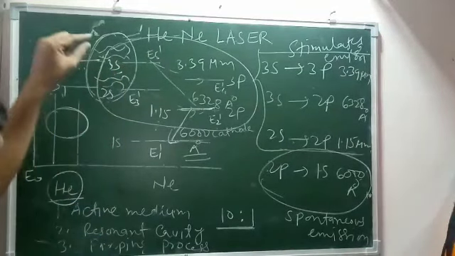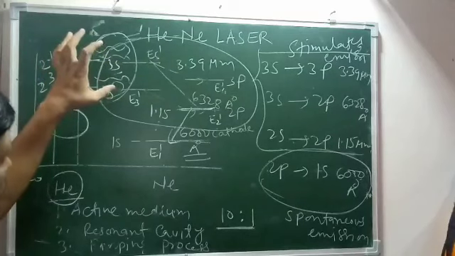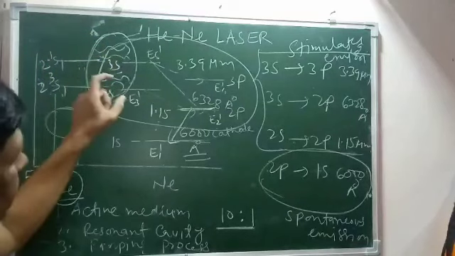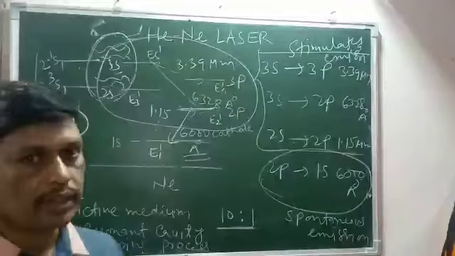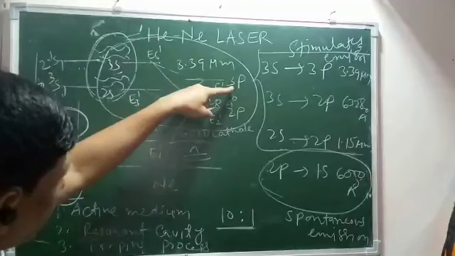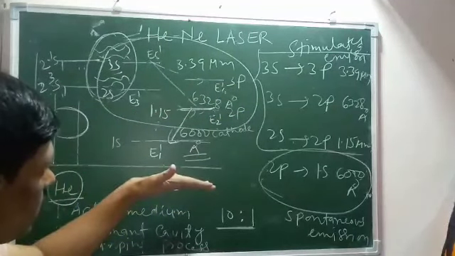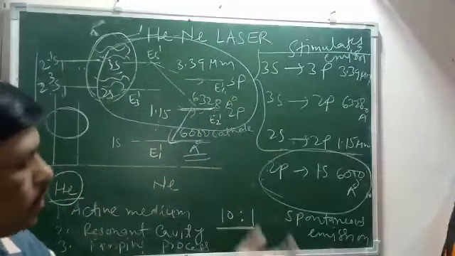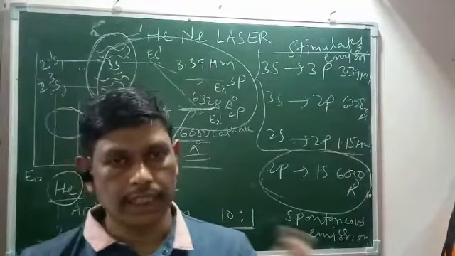So the particles in the 2s and 3s levels are maximized at a time with respect to the 2p and 3p levels, and these two levels, 3p and 2p, lose their energy by the spontaneous process, because these are not stable energy states.